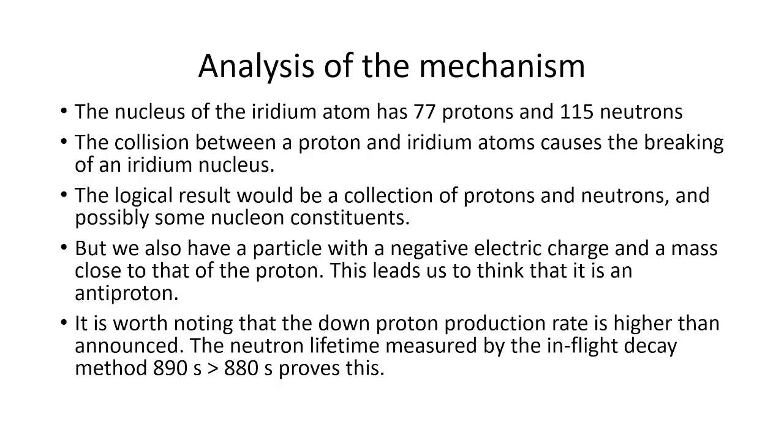The logical result would be a collection of protons and neutrons and possibly some nucleon constituent, but we also have a particle with a negative electric charge and a mass close to that of a proton. This leads us to think that it is a down proton.